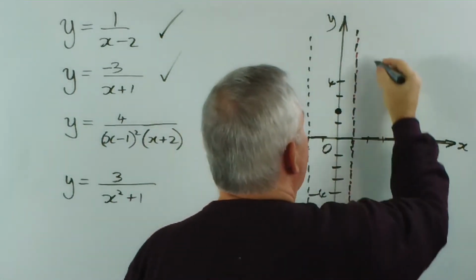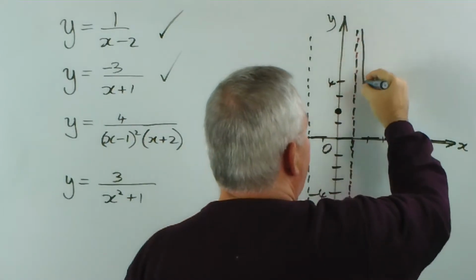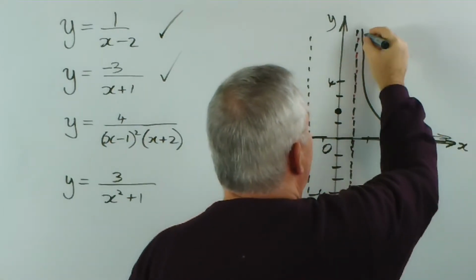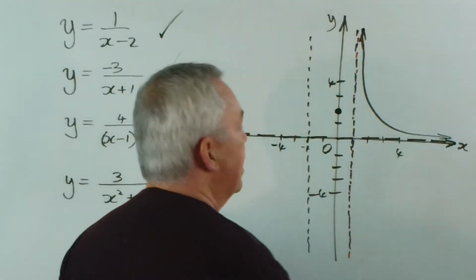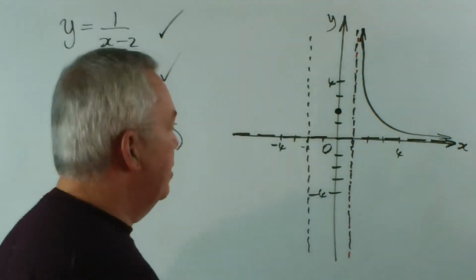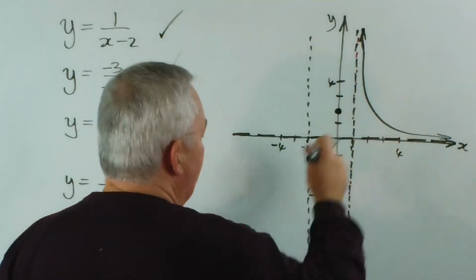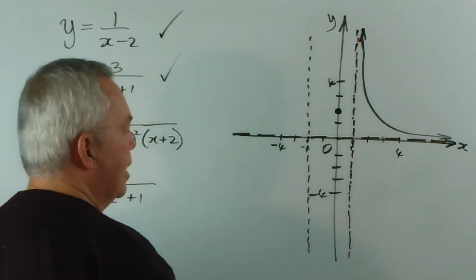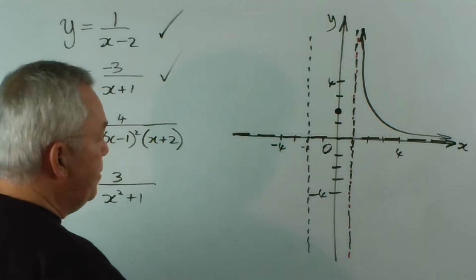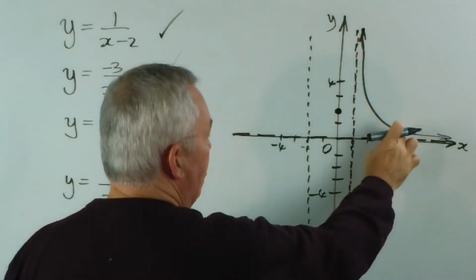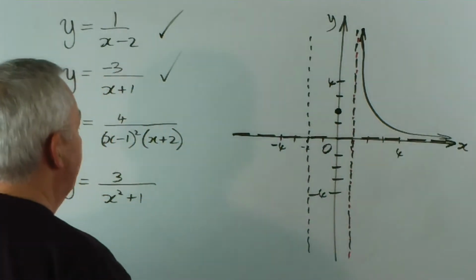But I'm just going to put a curve here. That's in the right region and it's the right shape. But where exactly the points are is up for you to substitute and find out. You might substitute x equals 4, for example, and see the value.